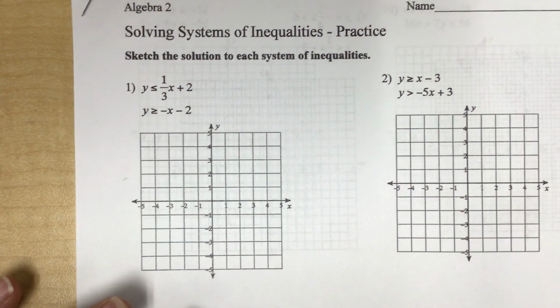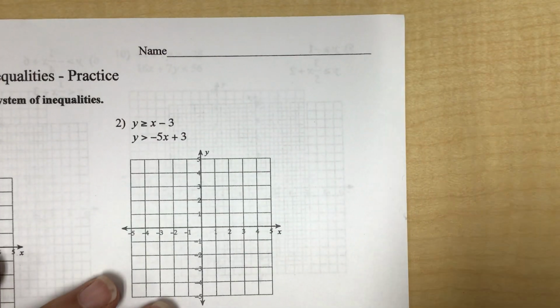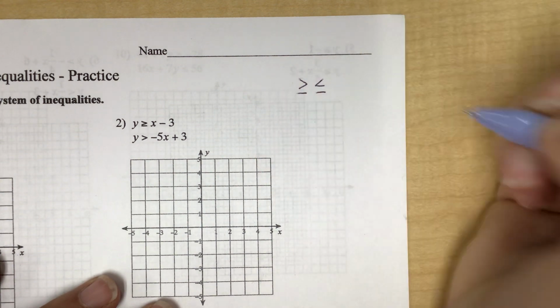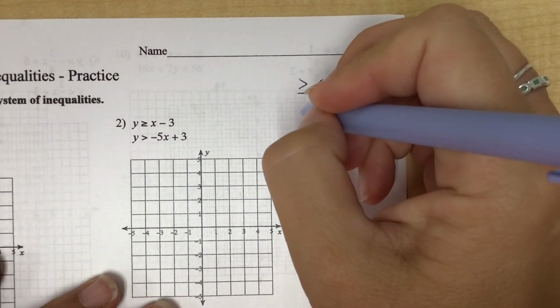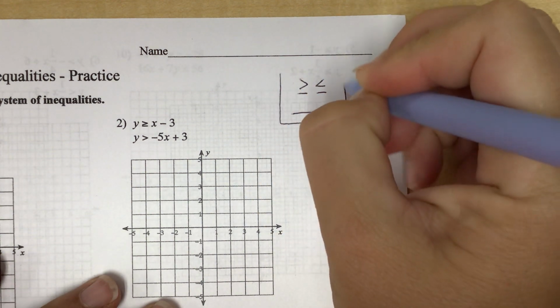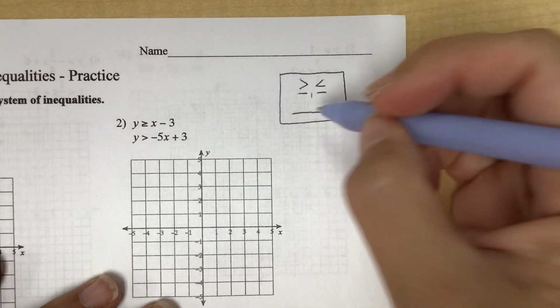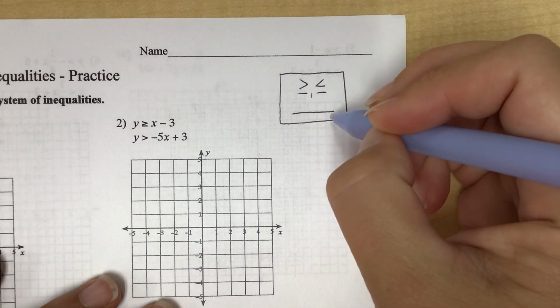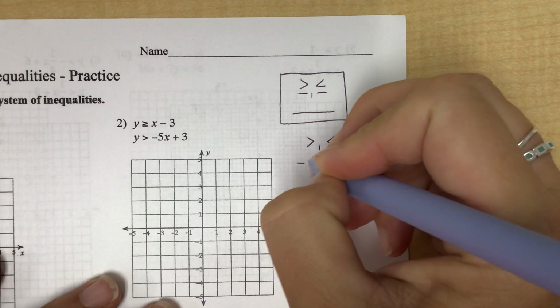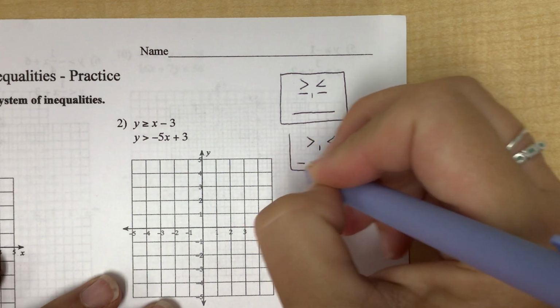All right, a couple of things to remember before we start. If we have greater than or equal to or less than or equal to, you're going to draw it with a solid line, okay? So solid line, kind of looks like a face right here. If it is greater than or less than, then we use a dotted line to draw.